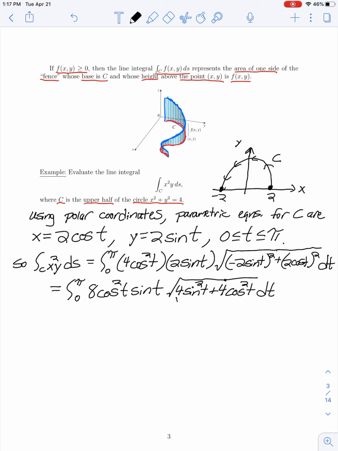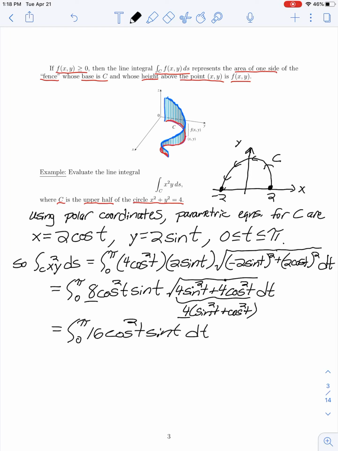So under the radical, we have 4 times sine squared plus cosine squared of t, which reduces to just 4, or square root of 4, which gives us a constant 2. So taking my constant 8 that we already had out in front times the square root of 4, we have a constant of 16 times cosine squared of t times sine of t dt from 0 to pi.